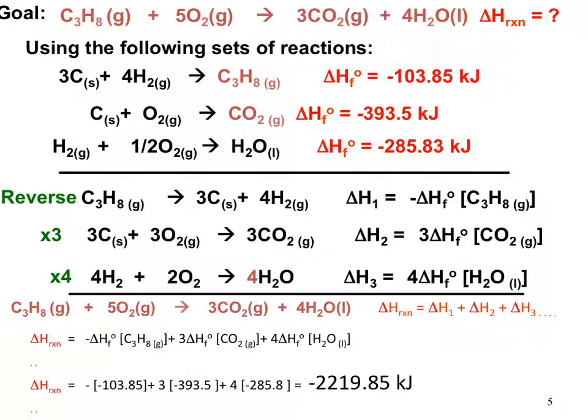So we're going to manipulate these thermochemical equations. In this specific situation, the first one needs to be reversed, the second one needs to be multiplied through by 3, and the final one needs to be multiplied through by 4. When we do this and cancel out anything that shows up on both sides, we end up with this overall equation. This equation matches the equation that we're solving for.